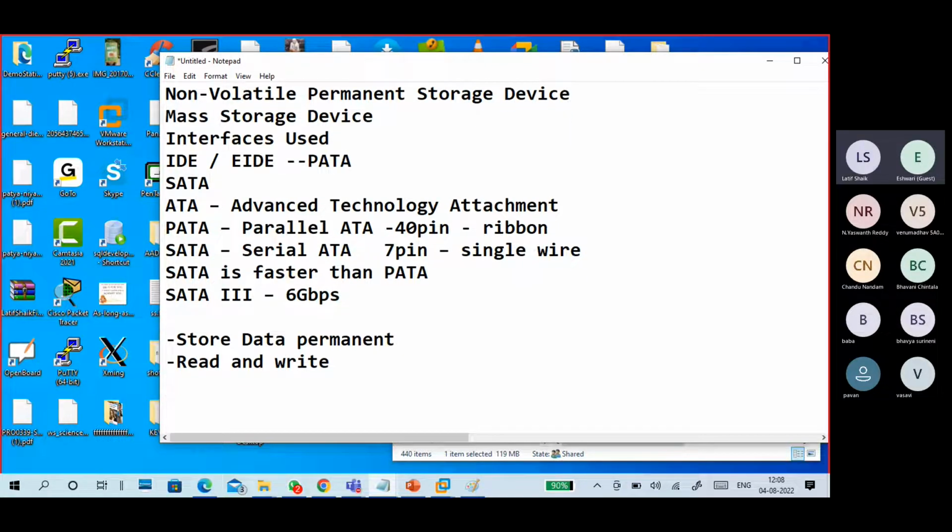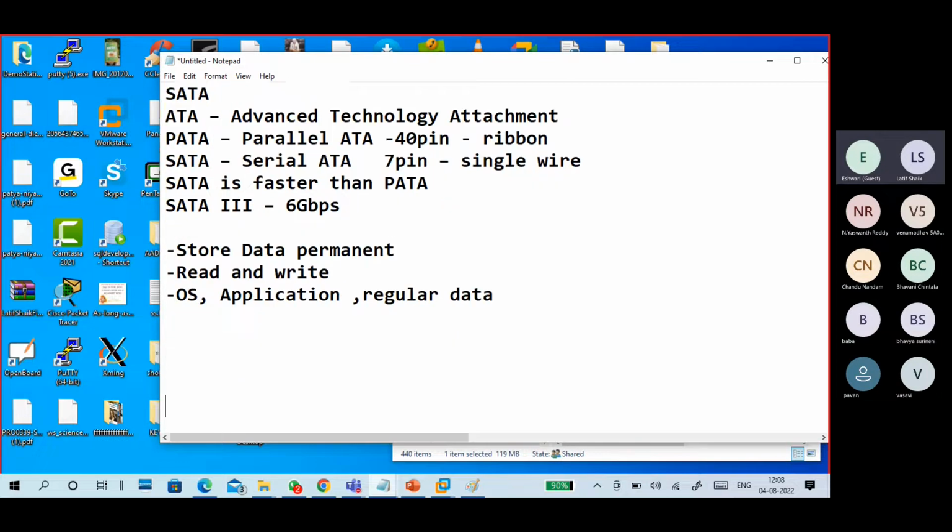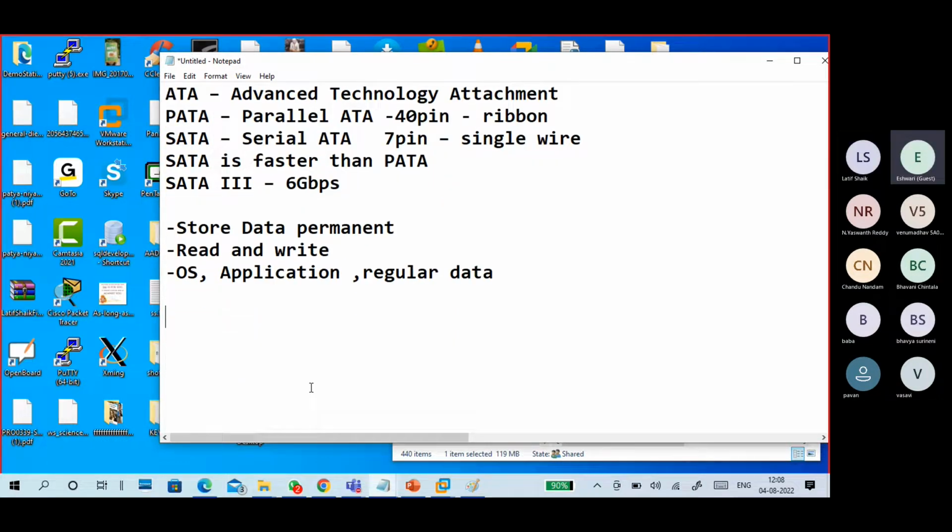Read, write, delete, changes, and modifications are possible. Mainly it stores the OS, applications, and regular data. So this is the main purpose of your hard disk.